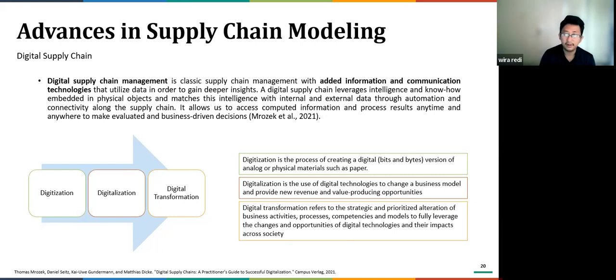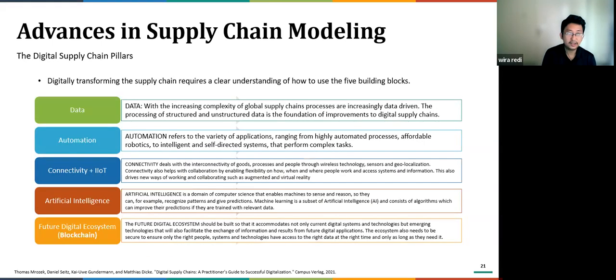Okay, this is the formal definition. You can check about it. And then there are three pillars for the digital transformation discussed in the supply chain. First is data, and then automation, like robotics and stuff, and even simple robotics technology is also embedded in automation.